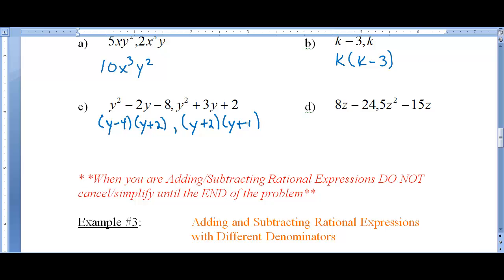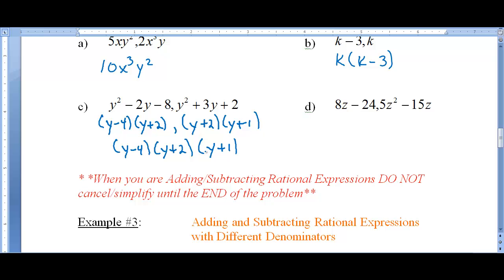So in this case, our LCD would be y minus 4 times y plus 2 times y plus 1. We do not repeat y plus 2 because we include the factor the most times that it occurs in any factor.